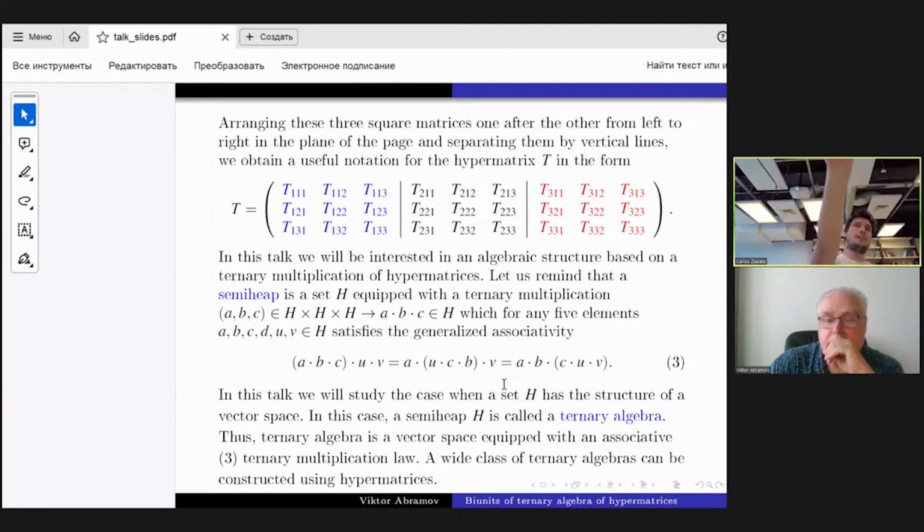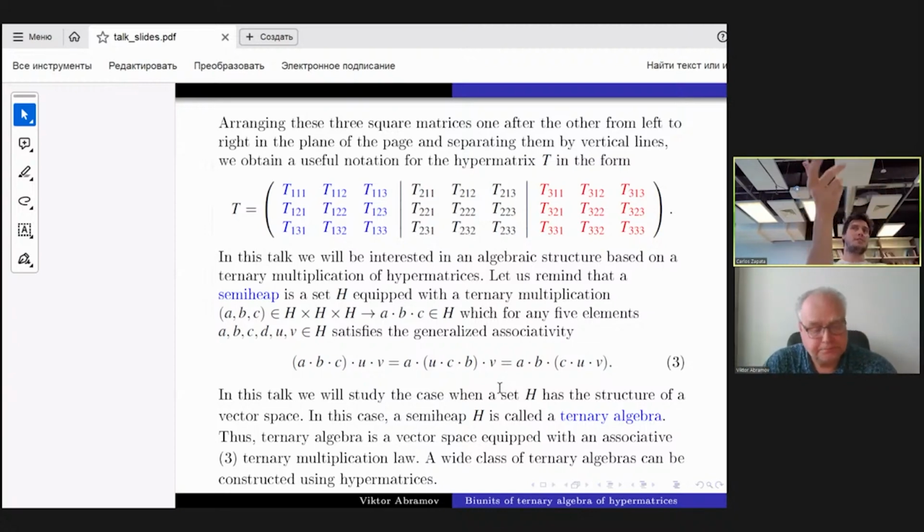Okay. So you can get that behavior exactly if you define, given a group, for example, or given usual matrices, a product that is A times B transpose times C, or A times B inverse times C. That ternary product will satisfy that equation exactly. So an algebra that just satisfies that is called a semi-heap.